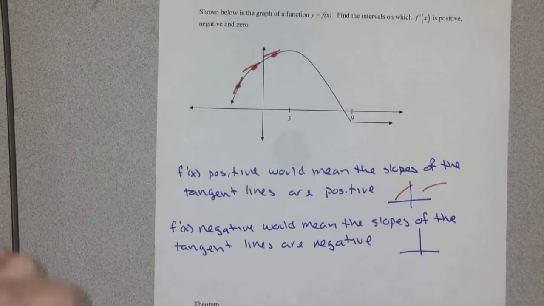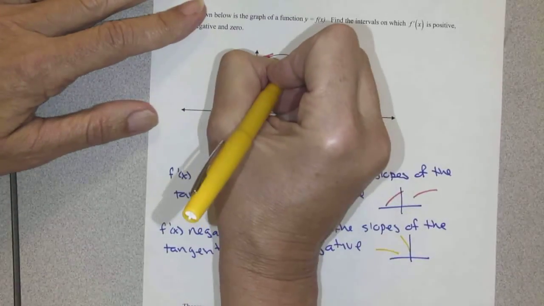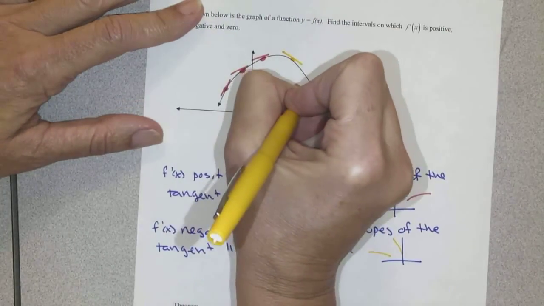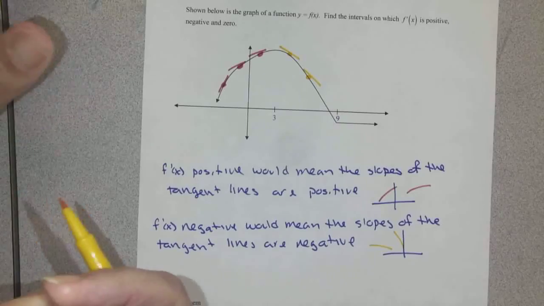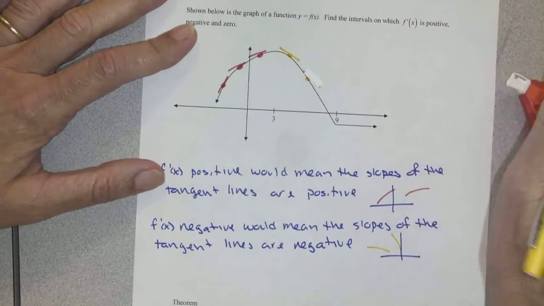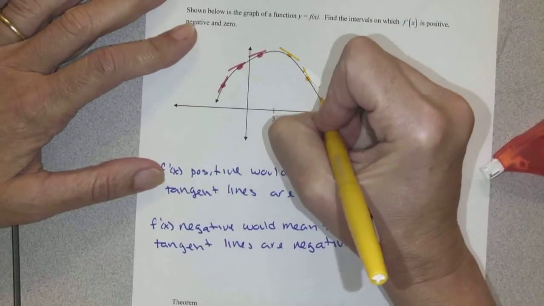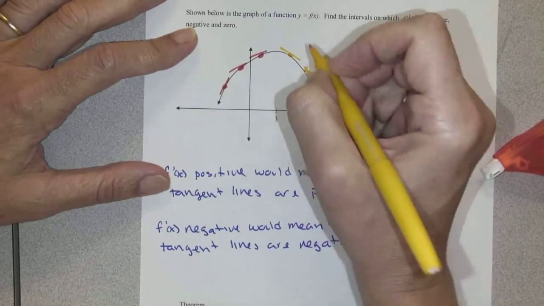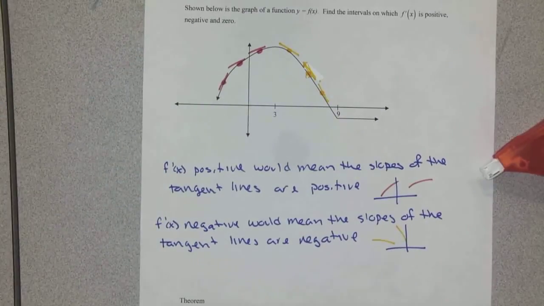So something that looks like that or that, those have negative slopes. So if I go back over here, there would be a negative slope. There, pretend it touched it, but there would be a negative slope. I could probably do that a little bit better. There would be a negative slope, there would be a negative slope. There would be all my negative slopes.